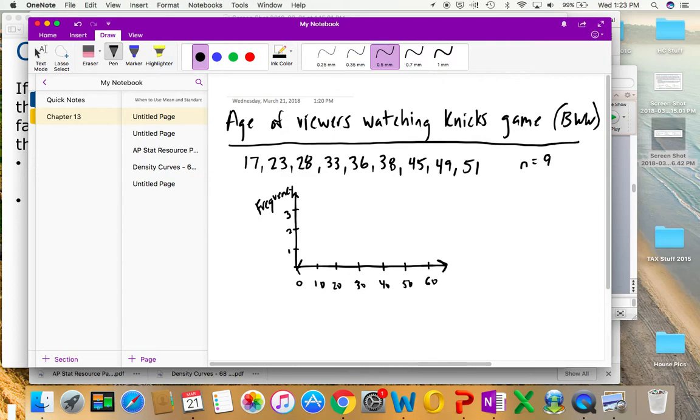So 0 to 10, there's nobody. 10 to 20, I have one person. 20 to 30, we have 2. 30 to 40, I have 3. And forgive me, these bars are not even. I'm not the best drawer. 40 to 50, we have 2. And then 50 to 60, we have 1. I think we can all agree this is a pretty normal distribution. It's based off of the fact that there's only 9 people here.